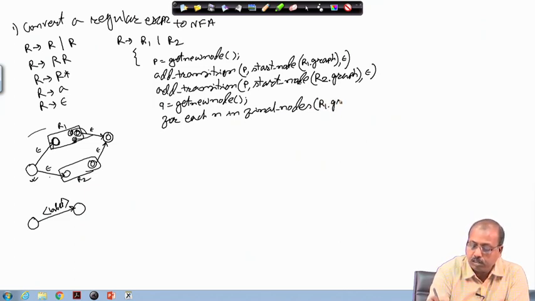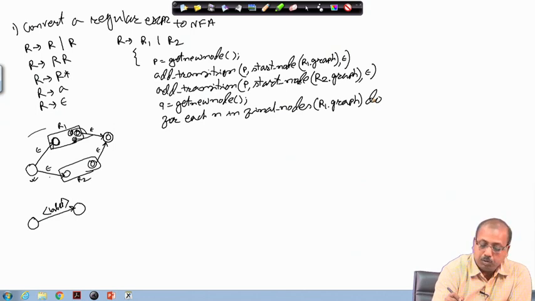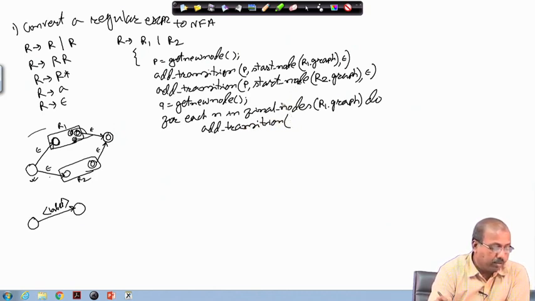R1 dot graph. So, for each node n in final nodes of R1 dot graph, we add transition from this n to q with label as epsilon, fine.